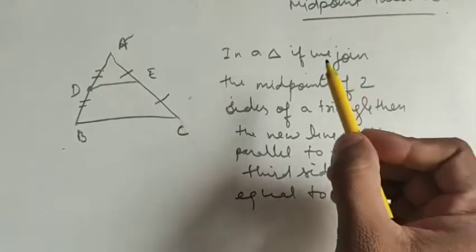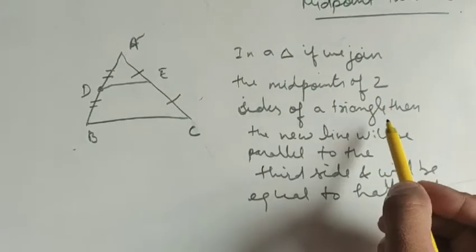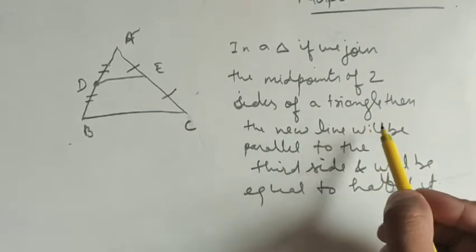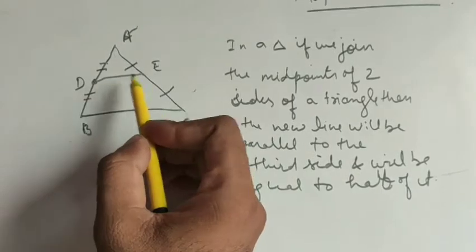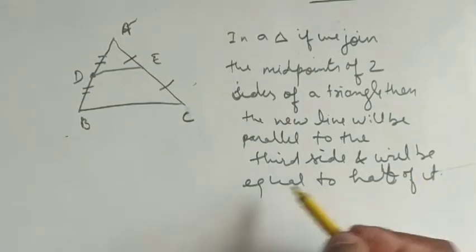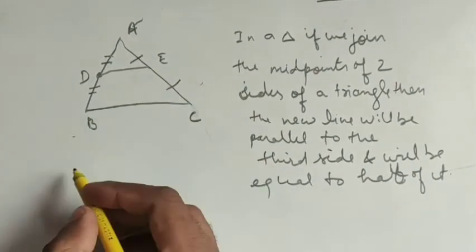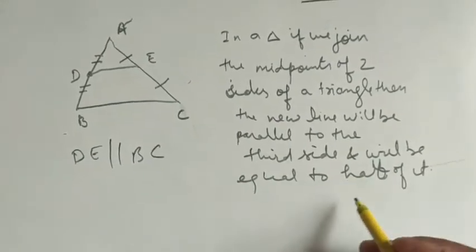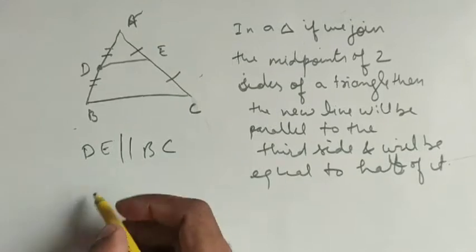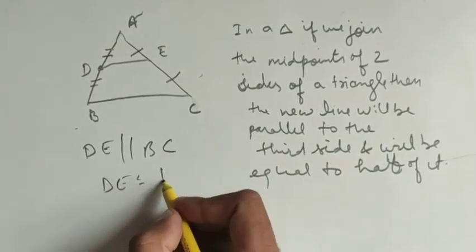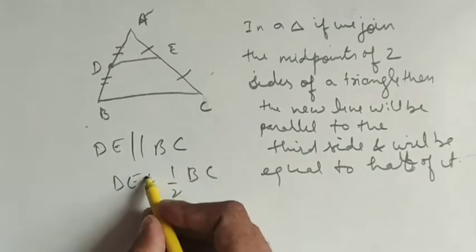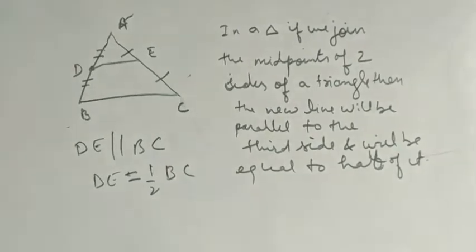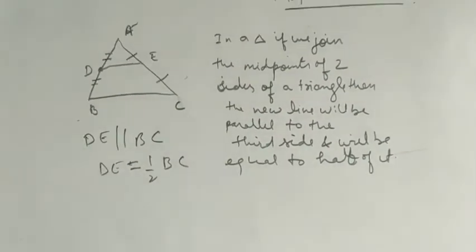So if we join the midpoints of two sides of a triangle, then the new line, this is the new line DE, will be parallel to the third side. DE will be parallel to BC and will be equal to half of it, DE will be equal to half of BC. This is the finding of the midpoint theorem.